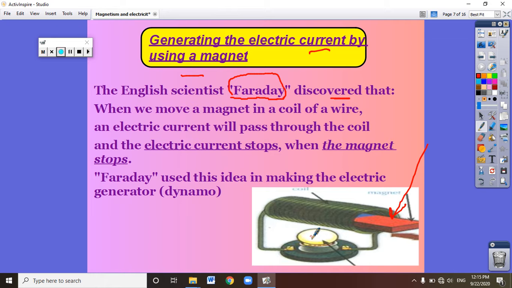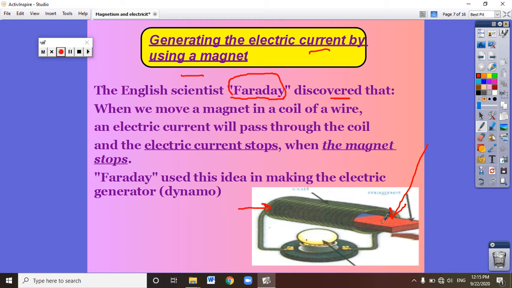The dynamo consists of copper wire, a pair of magnets and a lamp. When we move the magnet inside the coil of the copper wire, an electric current is generated. What happened here?